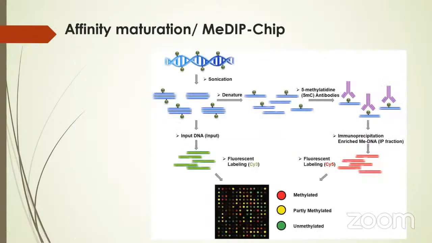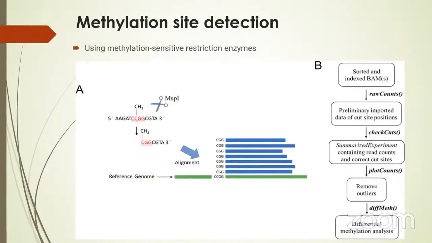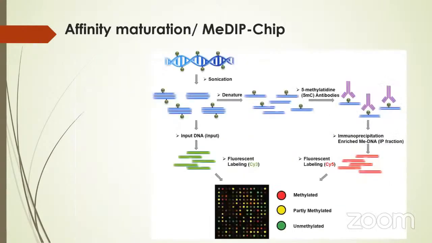You can go for affinity maturation also. Just remember the names for identification of methylation. One is methylation specific, or sensitive, enzymes. One can go for methylated DNA immunoprecipitation, also called MeDIP or MeDIP chip. Here we fragment the genome and then denature it. Wherever methylation is there, there will be a specific antibody specific to the methylation.